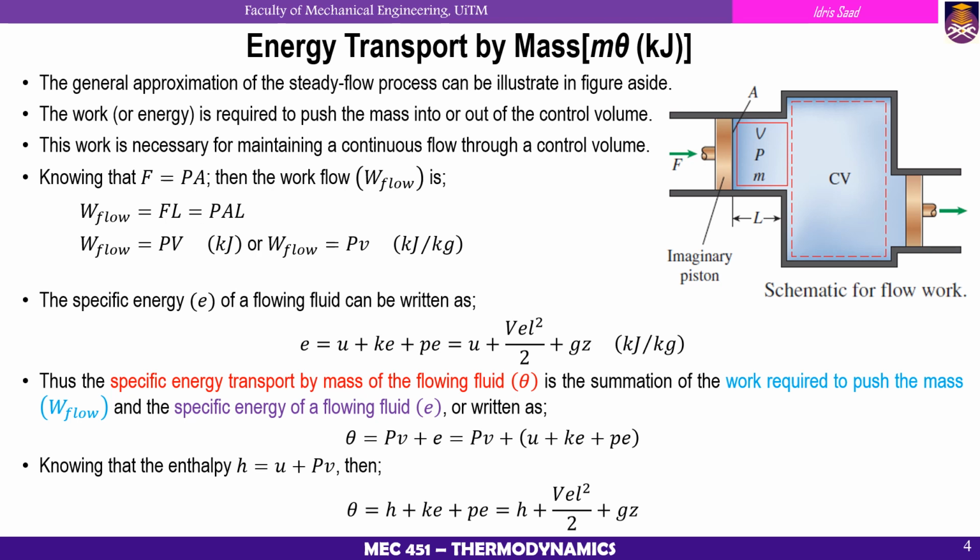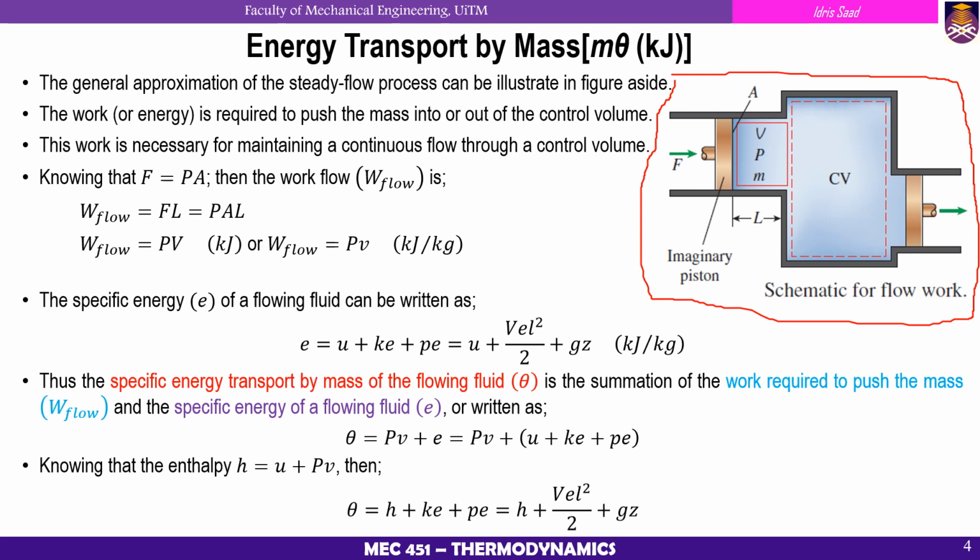Okay. Before we proceed to the energy balance for an open system under the condition of control volume, let us first discuss the third mechanism of energy transfer, which is by the mass flow. In general, the approximation of the steady flow process can be illustrated as in this figure. So this figure basically illustrates the steady flow process, or we call it a schematic diagram for a steady flow process.